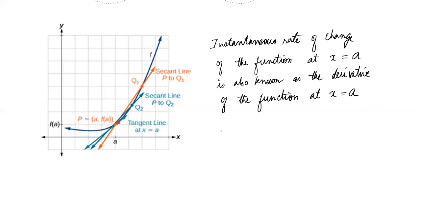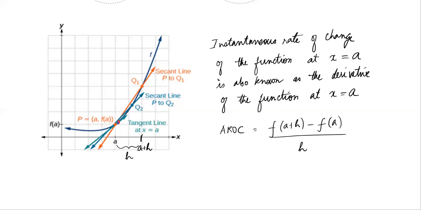Now recall that average rate of change was f of a plus h minus f of a over h. If I had h distance away from A, that gave me Q1, Q2, and all that.